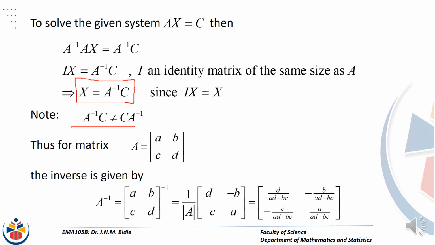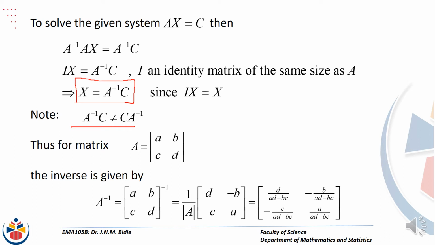So all in all, we can then go back to finding the inverse of a 2 by 2 matrix. Remember, in order for us to get a 2 by 2 matrix inverse, we must have the determinant first, and then use that inverse to solve any given system of equations.